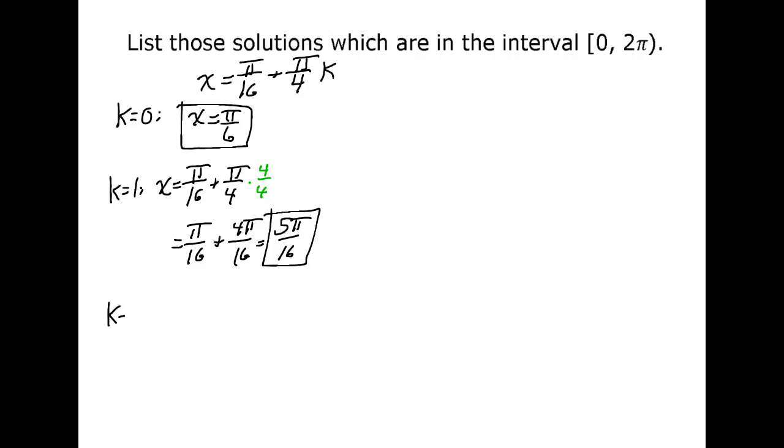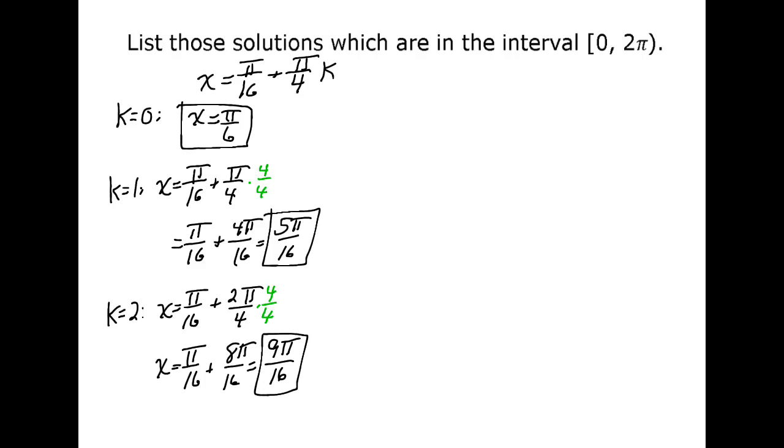And how about when k is 2? Then x is pi over 16 plus 2 times pi over 4, and we'll multiply by 4/4 there. So x would be pi over 16 plus 8 pi over 16, or 9 pi over 16.